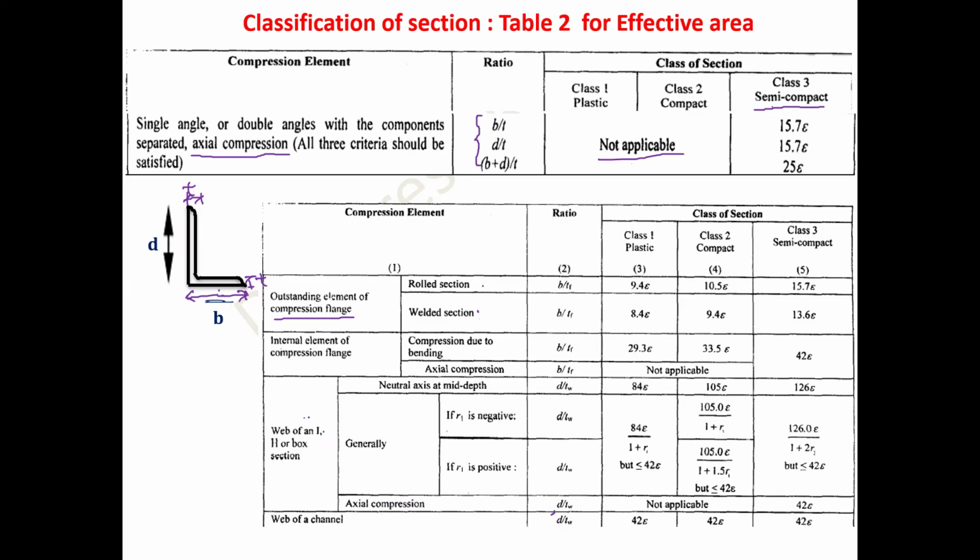So we have to use these values, and by using these values given in table 2, we have to decide the class of the section, and by this class we are going to get value of AE equal to AG. Never provide slender section, because slender section is not economical section, and therefore avoid slender section.